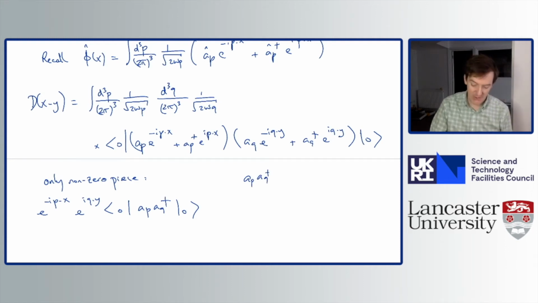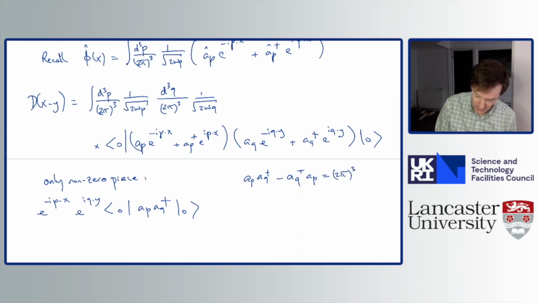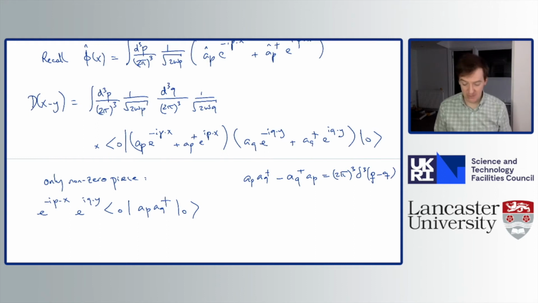So we use the commutation relation between a and a dagger. This has to give (2π)³ δ³(p − q). We're just going to use that in our expression.